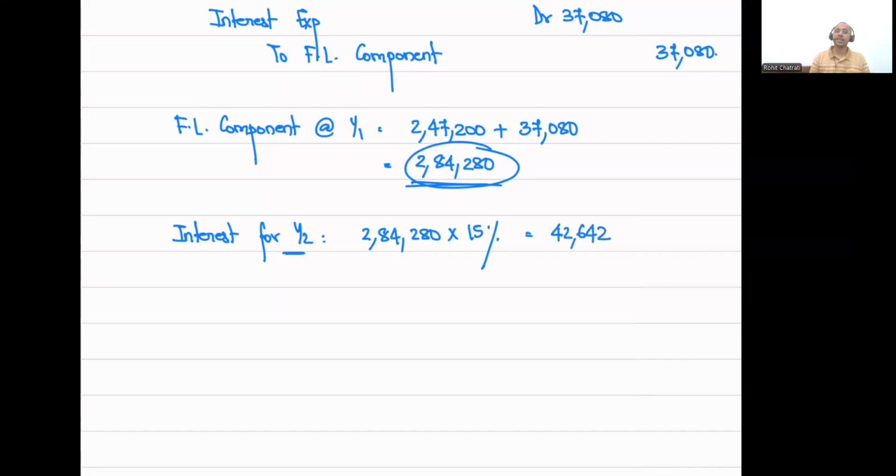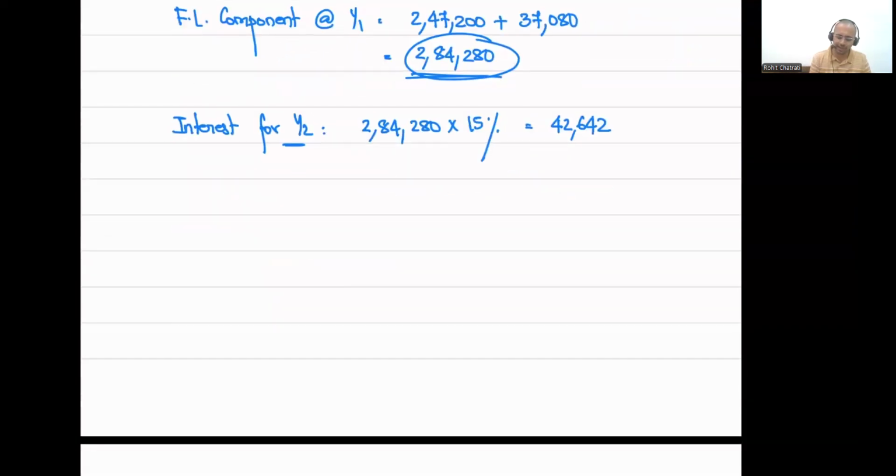The interest for the second year is higher than for year one, which was only 37,080, because I'm now calculating interest on interest. My financial liability value has increased and I'm calculating interest on that increased liability.